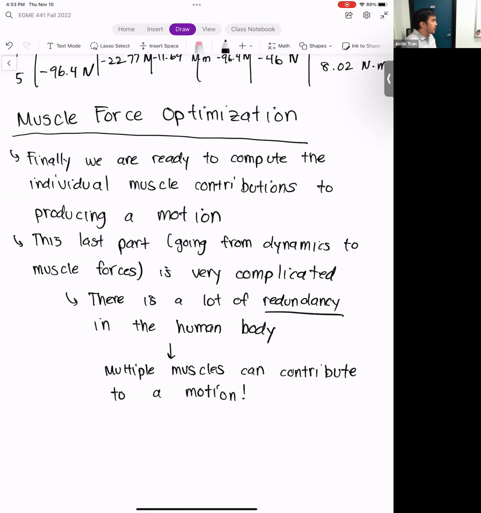In general, redundancy is a good thing. You don't want particular actions to depend on just a single muscle, because if that muscle goes down, say it gets hurt, you don't want that to eliminate a whole range of motions you can do. It's also good from an energy standpoint. If only one muscle can contribute to a motion, you'll tire that muscle out very quickly.